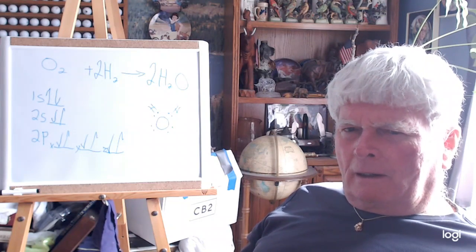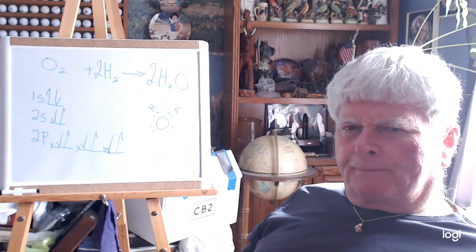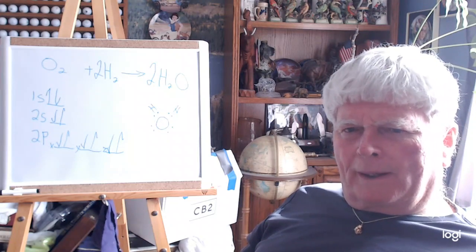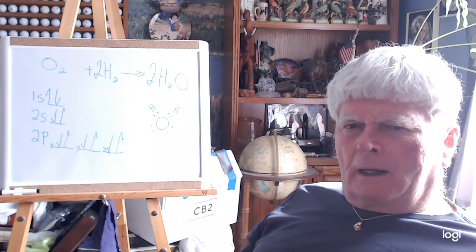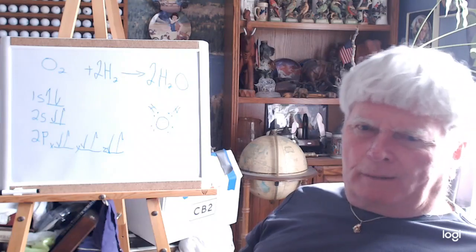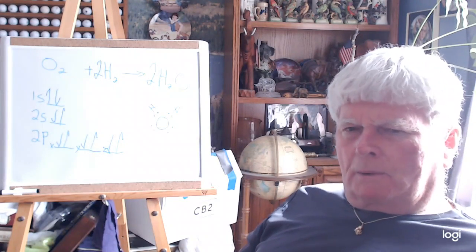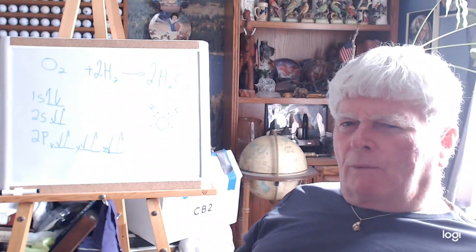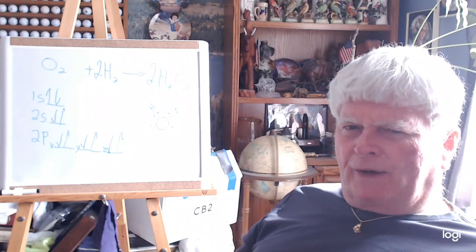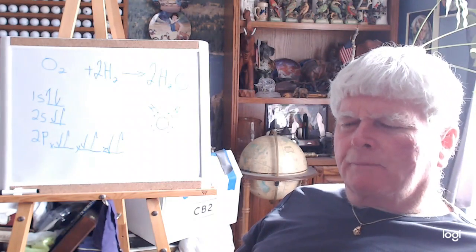This is very important. This is called polarity. Now, polarity is easy to understand. Poles, yeah, positive and negative poles. But polarity of water is an amazing factor for your existence.